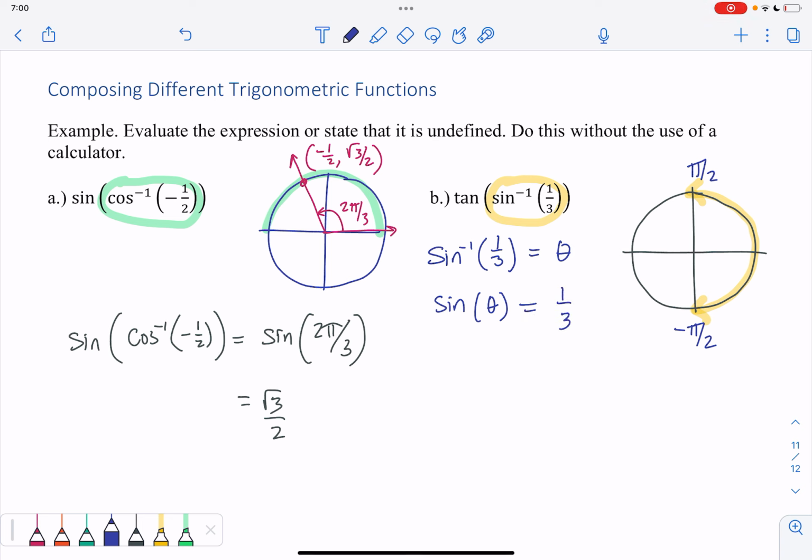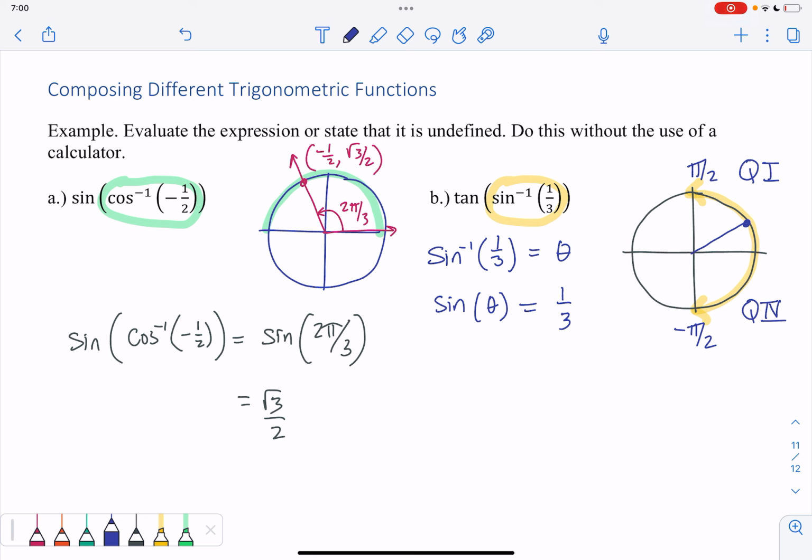Well, if sine of theta equals 1/3, then if I'm choosing between quadrant 4 and quadrant 1, because those are my options for an angle equal to sine inverse of 1/3, if sine of theta is 1/3, then my angle must be positive. So I must be living in quadrant 1. And so I'm just going to draw something where I have sine of theta is equal to 1/3.